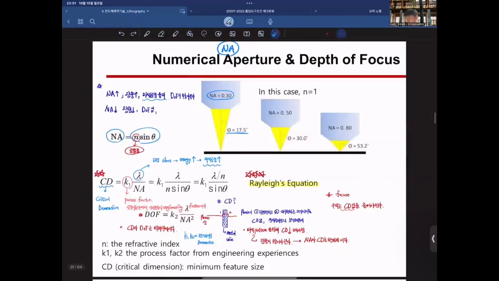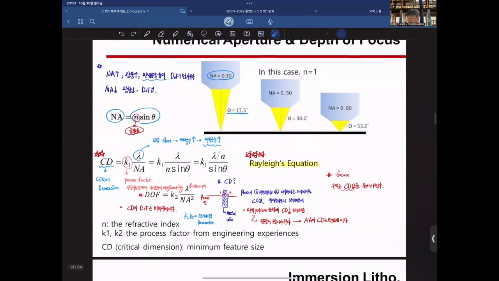So there's using NA and CD. NA means how long and how wide this relationship is, and we have to focus on the CD.